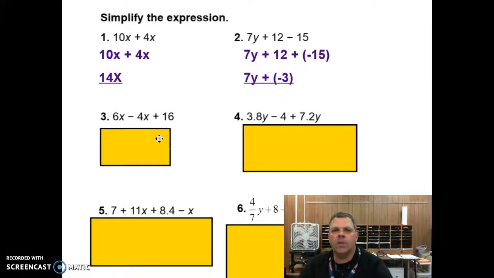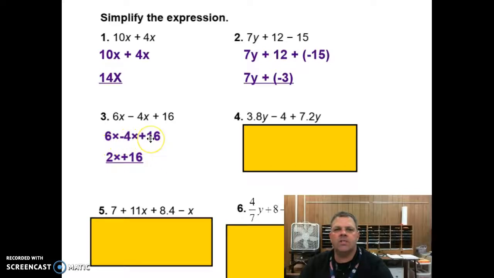In the third example, I see 6x minus 4x plus 16, which is 2x, because of the like terms, plus 16.